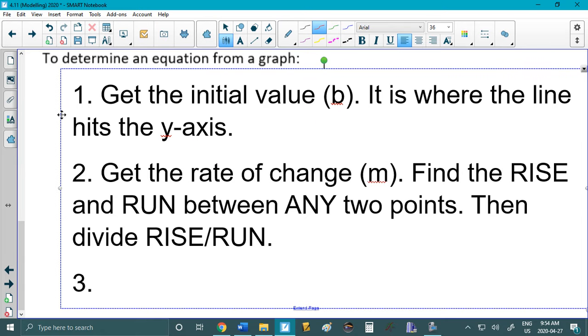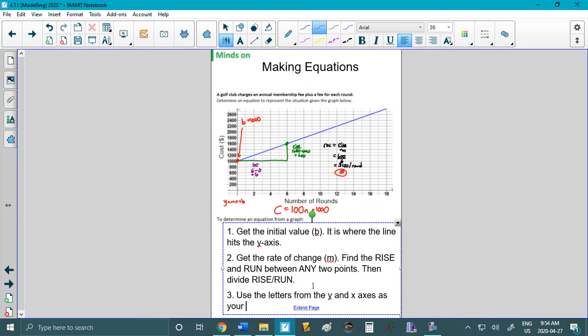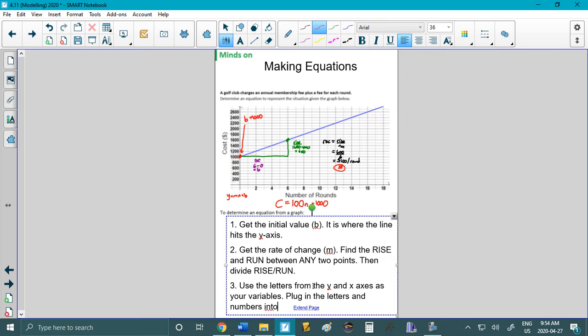Step 3, use the letters from the y and x axes as your variables. Plug in the letters and numbers into y equals mx plus b.